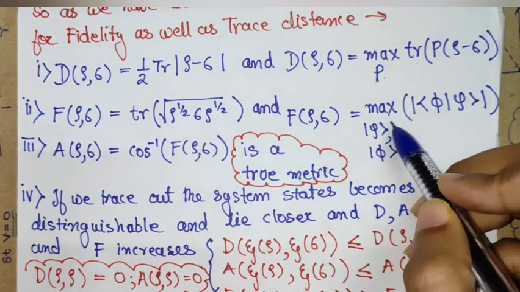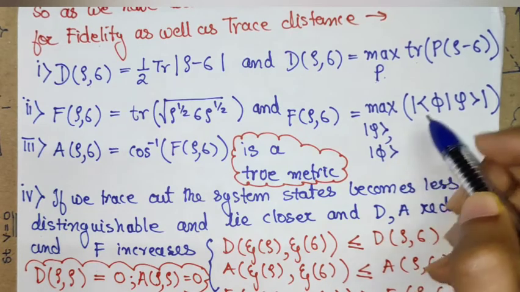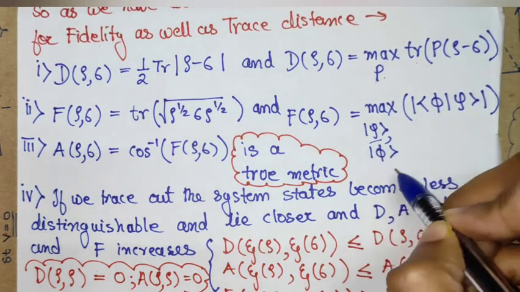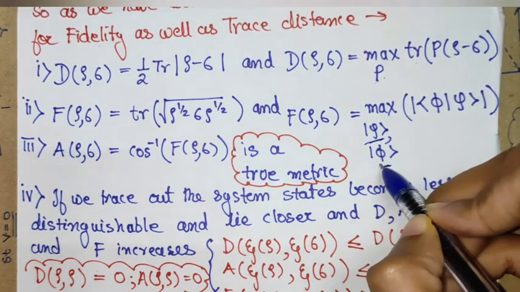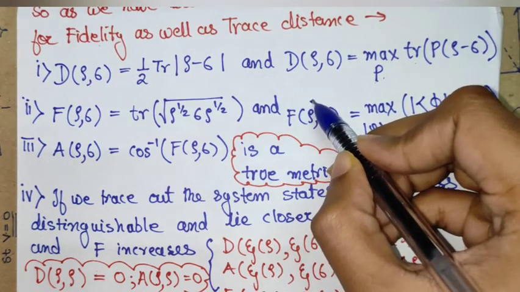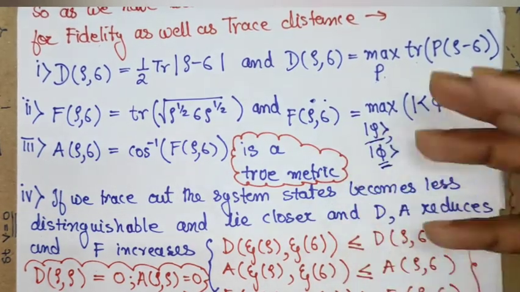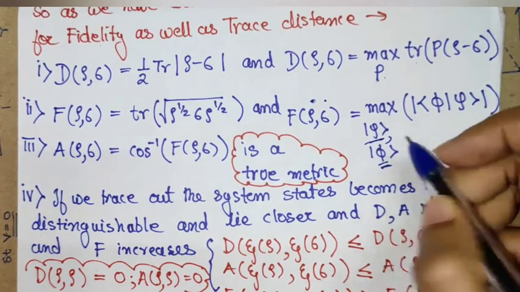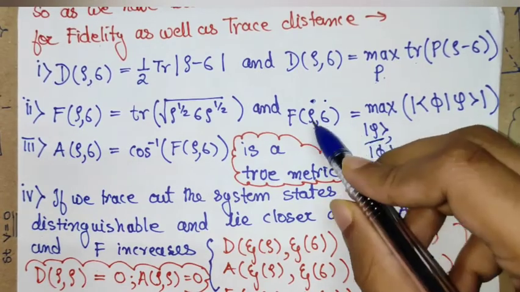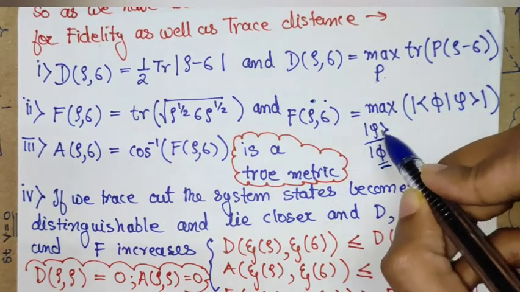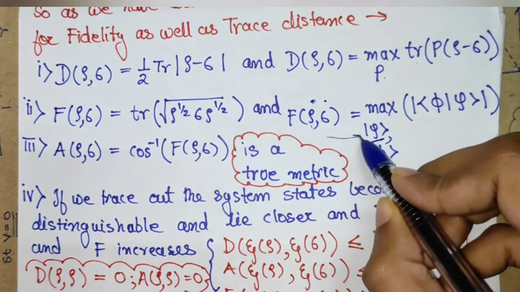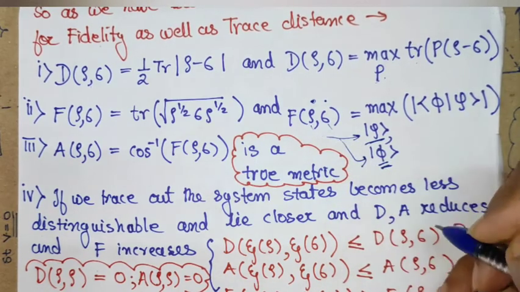And it can also be quantified in the form of two pure states. So these are the pure states. Here you see the density matrices need not be pure states, but this is the purification of this density matrix, and this is the purification of this one.